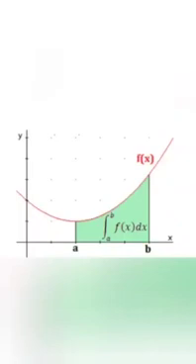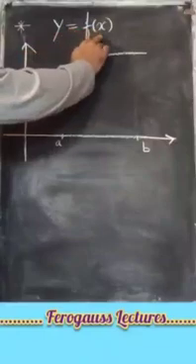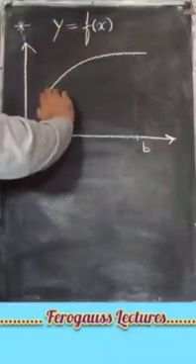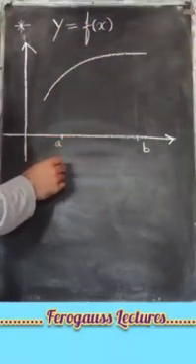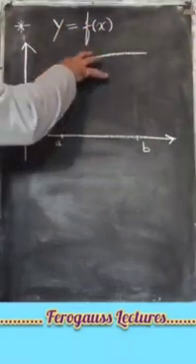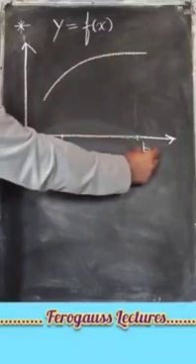Let us try to understand it this way. Let y is equal to f(x) be a function, and let this curve represent the graph of the function y is equal to f(x). We have to find the area under this curve between two given points a and b.